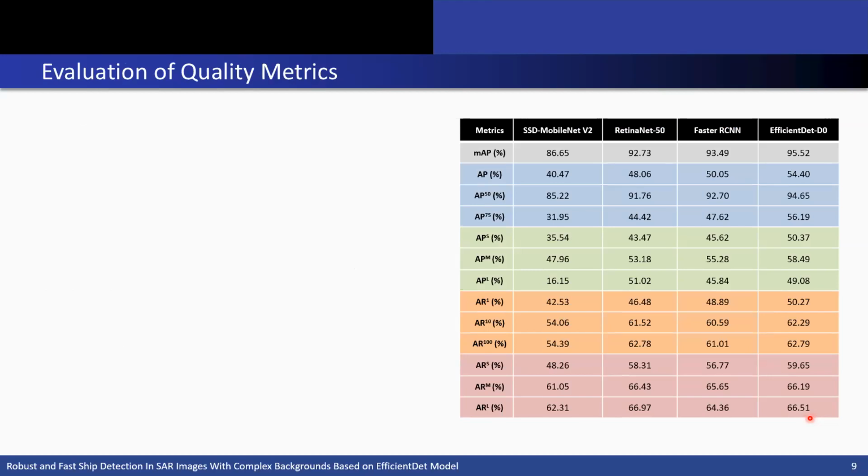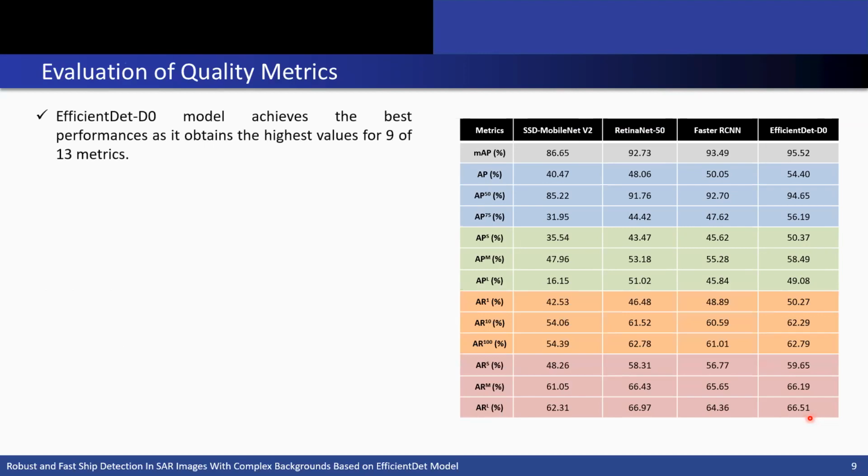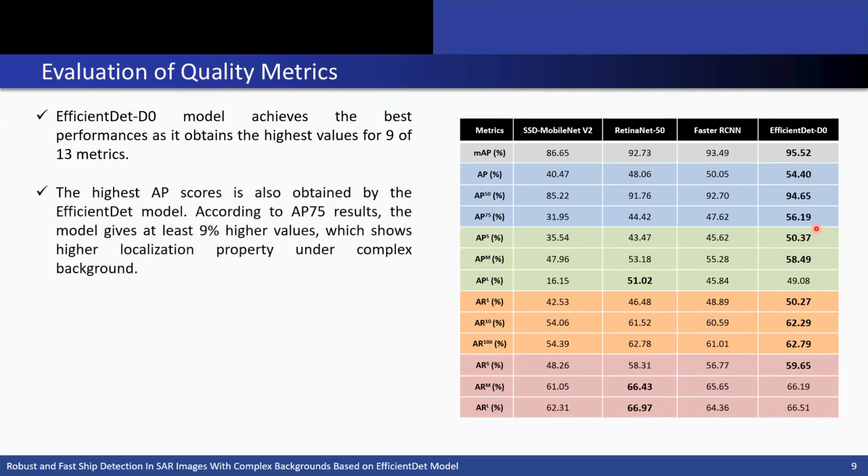Evaluation metrics for different models are shared in this table, and in general, the EfficientDet D0 model achieves the best performance as it obtains the highest value in 9 of 13 metrics. You can see the highest metrics in the table. The highest AP score is also obtained by the EfficientDet model.